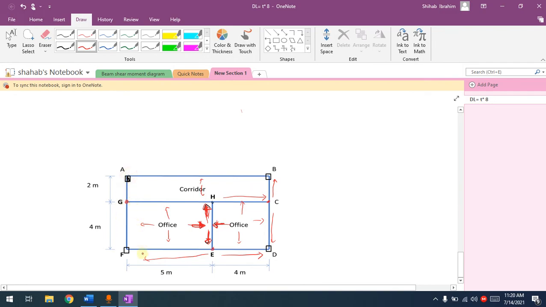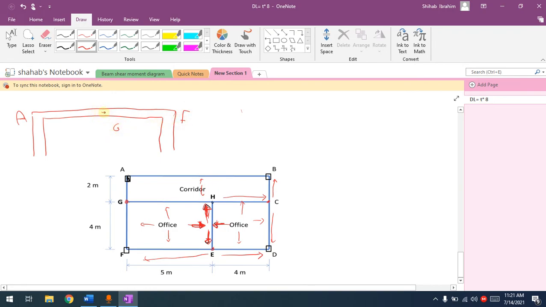If I want to draw AGF, look, there's a column at A, there is the beam I have, and there's the column at F. Look, I'm drawing it like this in order to make sense. This is A, this is F. Where's G? G is somewhere here.